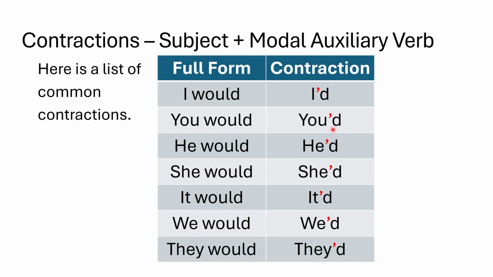He would. He'd. Notice the apostrophe replaces the missing letters W, O, U, and L.